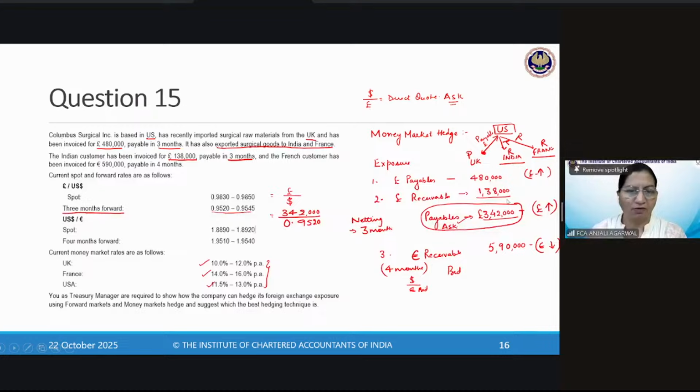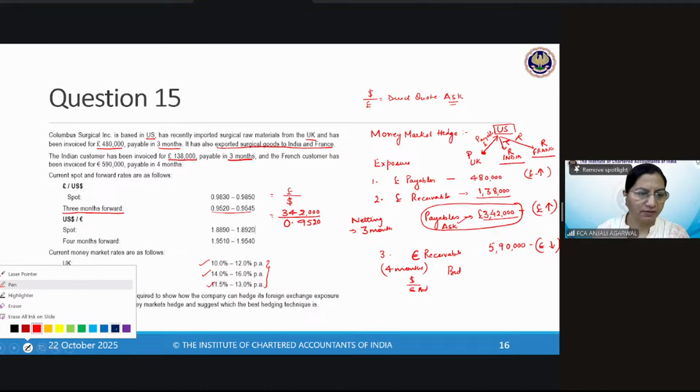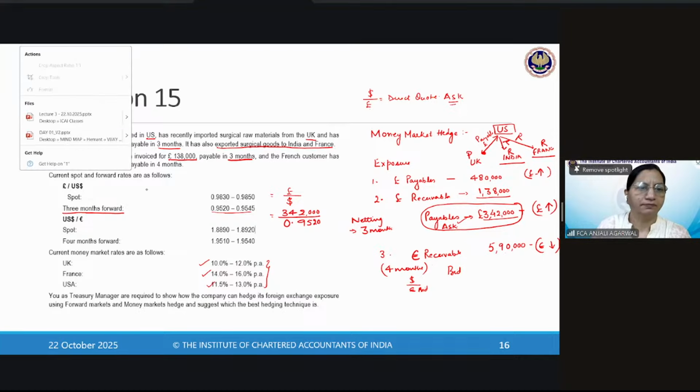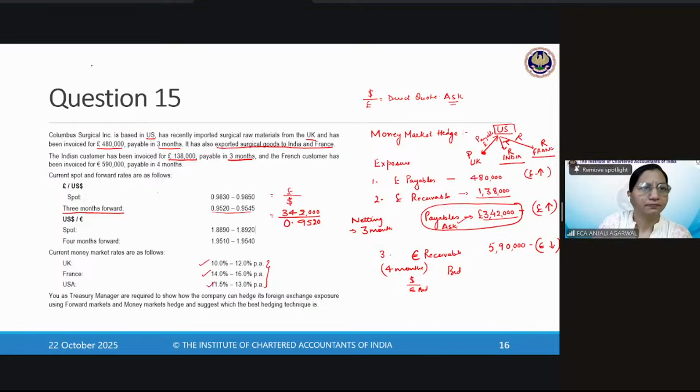Let's now understand how money market hedge will come into picture. Firstly, we have identified two things. I'll use a different coloring so that you understand better. We have identified that you have pound payables, 342,000 after 3 months.